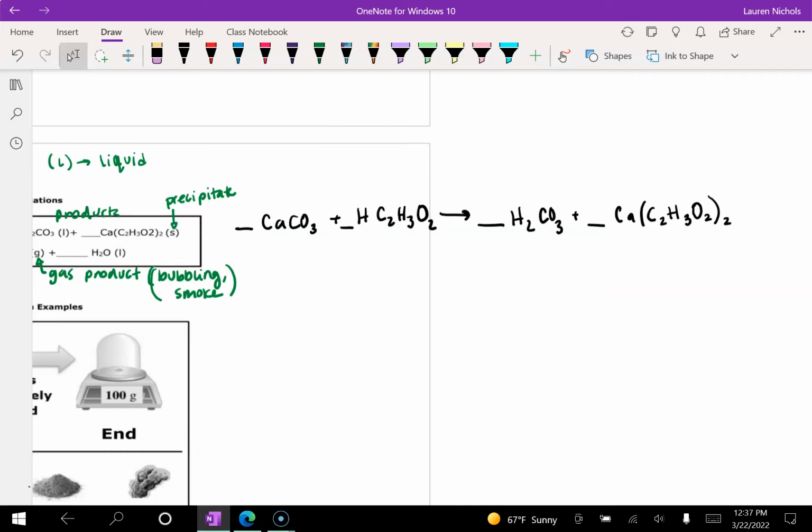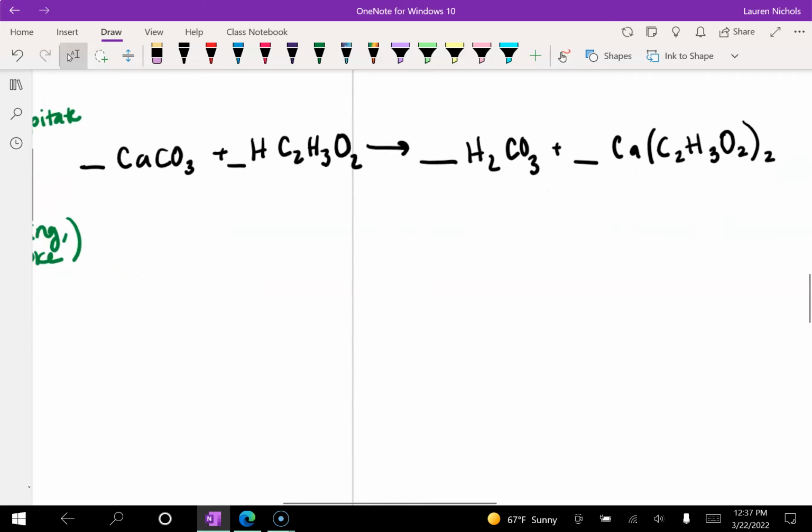And if we look here, what we can see is that we have 4 different elements. We have calcium, carbon, oxygen, and hydrogen. We could list them out as calcium, carbon, oxygen, and hydrogen, but notice we have oxygen in multiple places and hydrogen. So one thing I recommend you doing is keeping your polyatomic ions together.